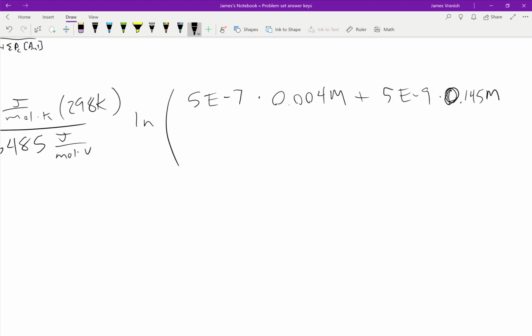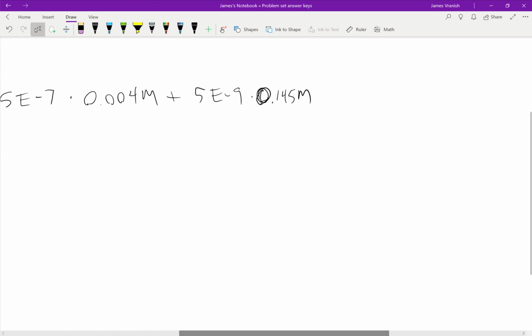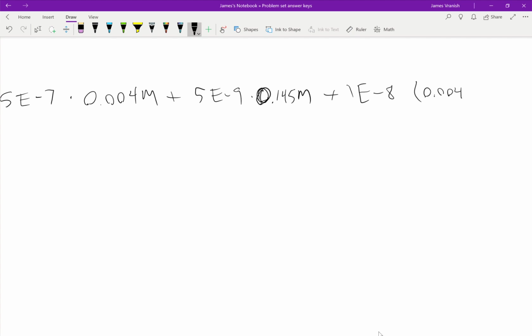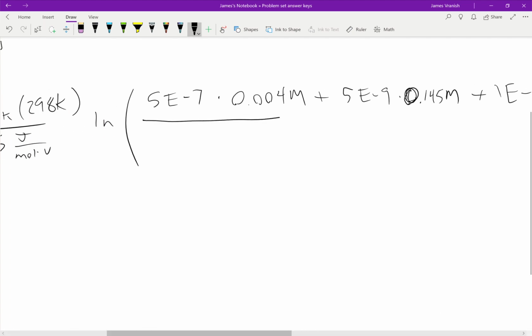0.145 molar. All right, and we're going to add to this now the anion concentration, permeability coefficient of chloride, 1 times 10 to the negative 8, times its concentration inside the cell, which is 0.004 molar. All right. Now we have all of that over now the concentration of our cations inside the cell.